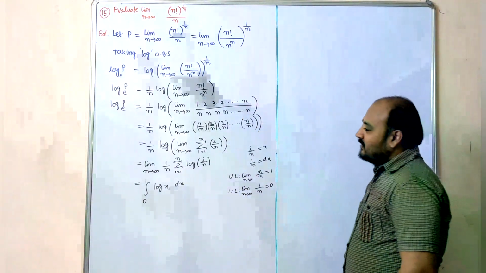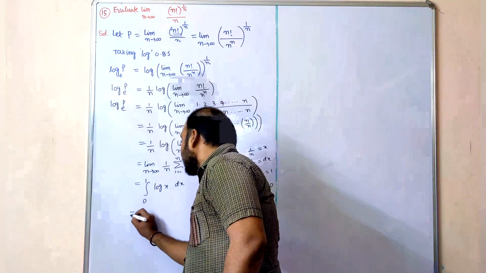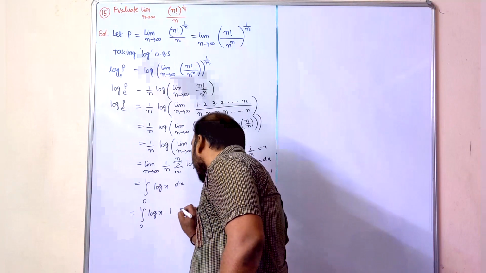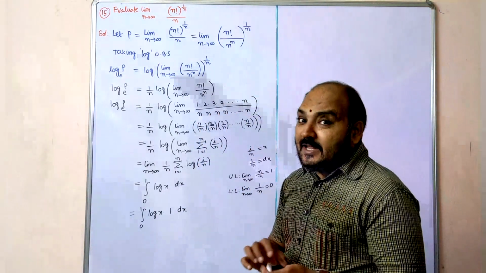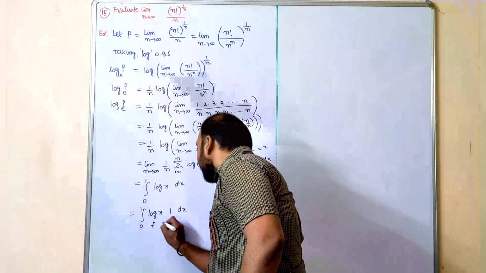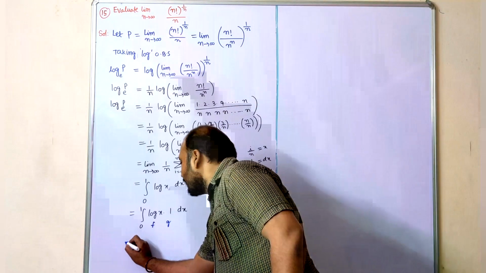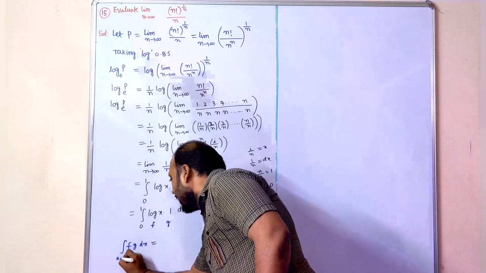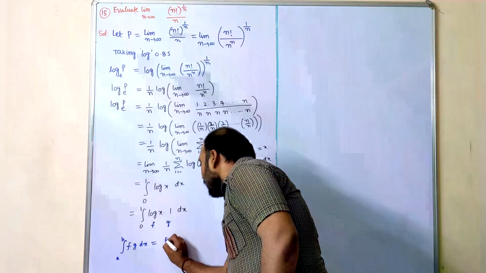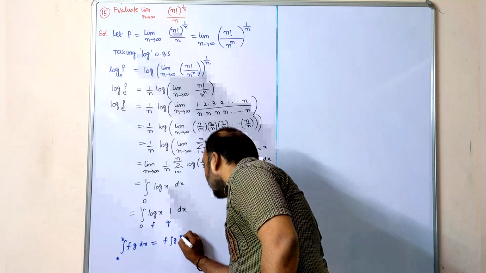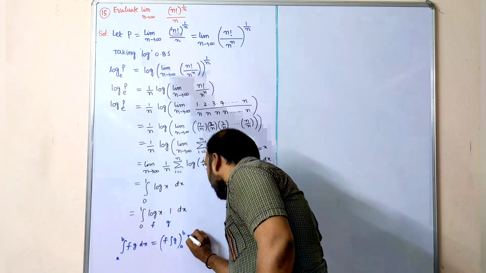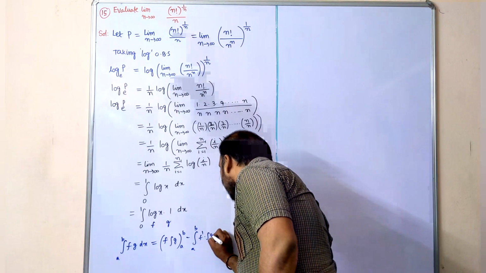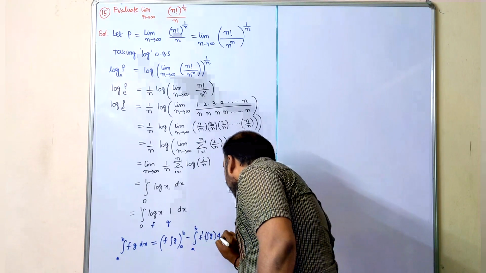Integral log x. Whenever we are integrating log x, integral 0 to 1 log x into 1 into dx. Here integration by parts. This is f, this is g. Integration by parts formula: integral f g dx is equal to, that also a to b formula, f into integral g, applying the limits a to b, minus integral f dash into integral g dx, whole dx.